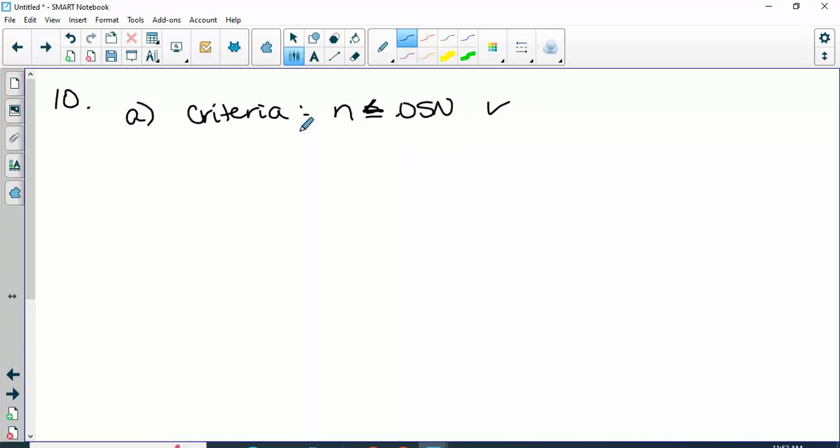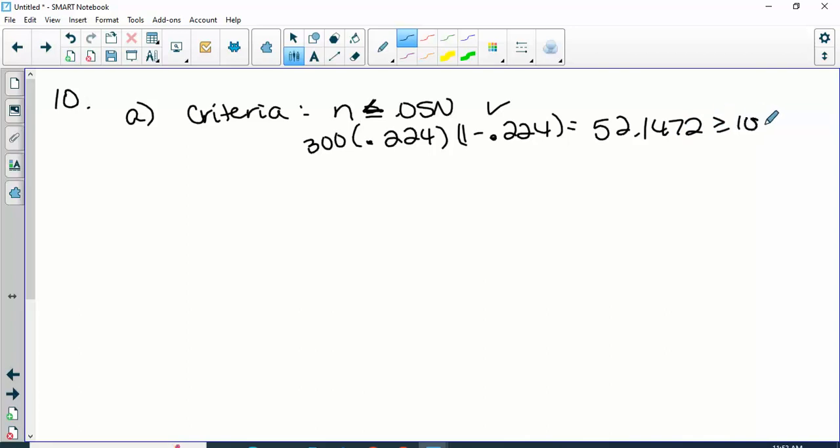Second one, n, which was 300, times p, which was 0.224, times 1 minus p, gives us what? 52.1472. So that is greater than 10. So we're all good. Our criteria are met, which means we can assume this is normal and we can go ahead and keep working our problem.